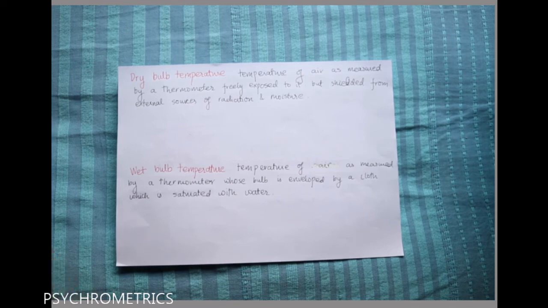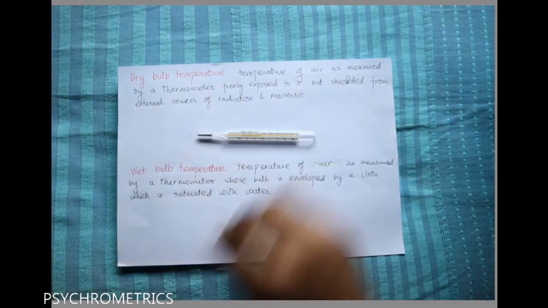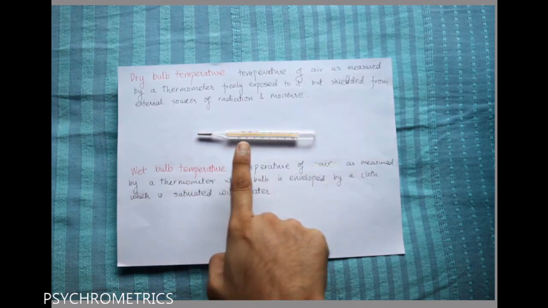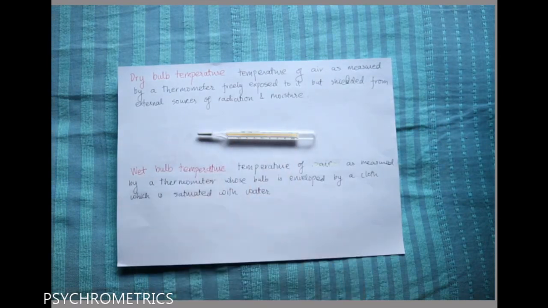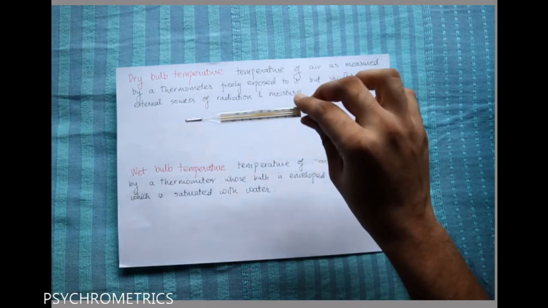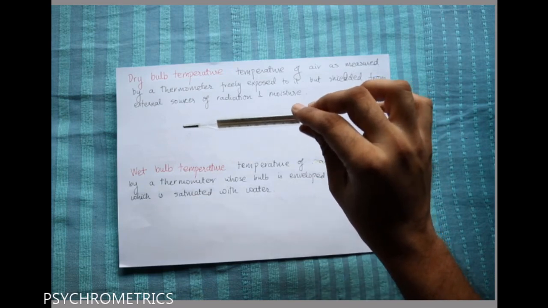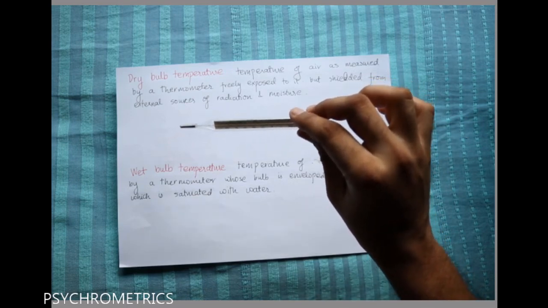Dry bulb temperature is nothing but the temperature of air as measured by a thermometer freely exposed to it but shielded from external sources of radiation and moisture. This means that we take a normal thermometer and we measure the temperature of the air. In this case it is around 36 degrees.